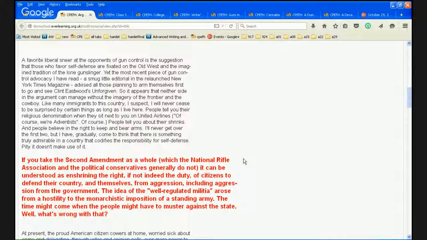Another point that has to be brought up is, what did they mean by guns, firearms, when they wrote the Second Amendment? Handguns, rifles. Well, back then they didn't have it though. They were talking about the same guns that were used by the military. They were not making a distinction between this is a military gun and this is a private weapon.